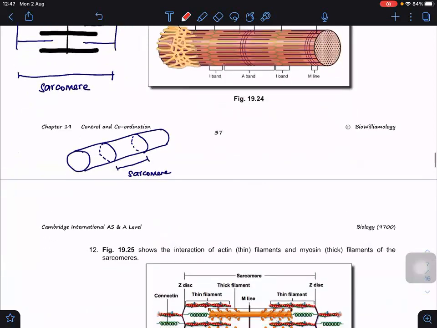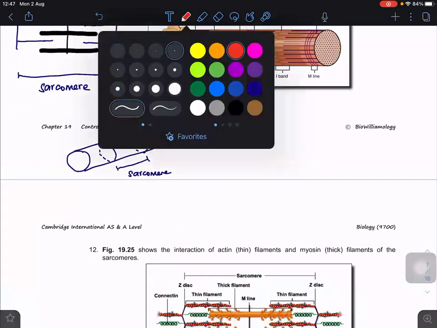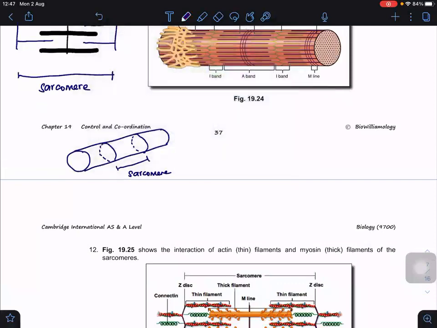So let me draw it out now. You have one Z line here. I draw three sarcomeres, so this is Z line, Z line, Z line, Z line. This is one sarcomere. The Z line holds the thin filament.